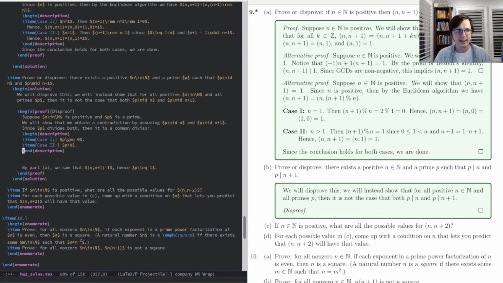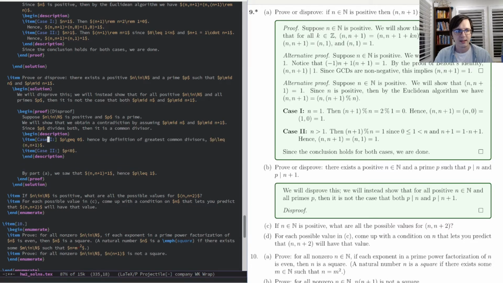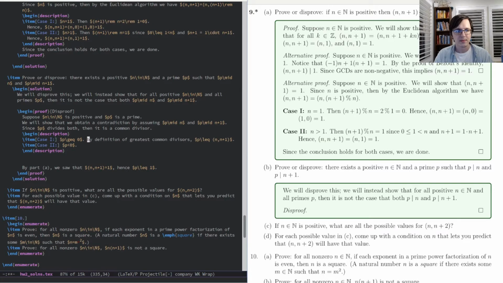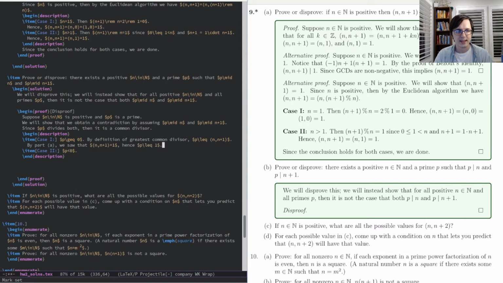So then we can take this. We have that, and by part A we saw that the GCD is 1, hence p is less than or equal to 1.